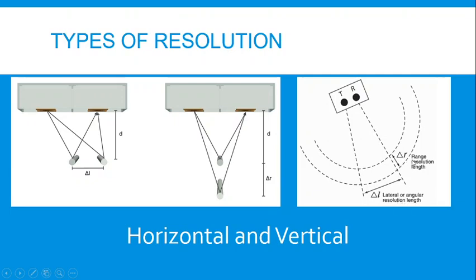Delta R is basically how much these two crests and troughs are separated, or the number of samples separated from each other. It is known as the range resolution length, or we can also sometimes call them the horizontal and the vertical resolution. In this case, delta L represents the horizontal and delta R represents the vertical resolution.